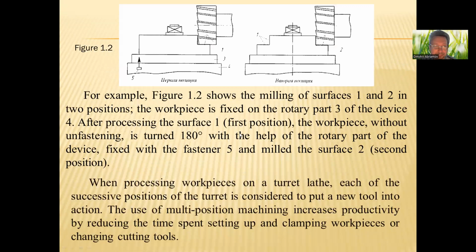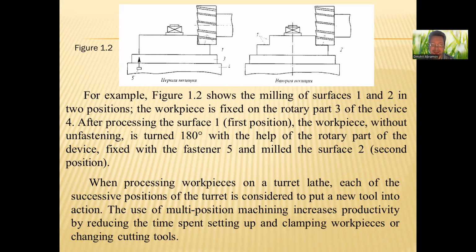For example, figure 1.2 shows the milling of surfaces 1 and 2 in two positions. The workpiece is fixed on the rotary part 3 of the device 4.